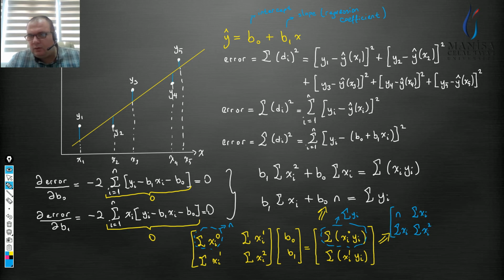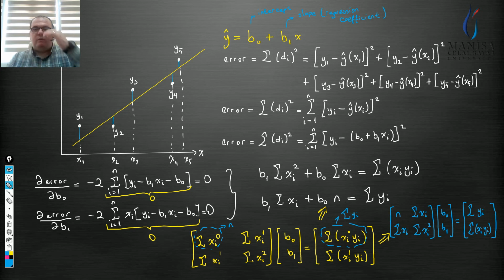This is a matrix, and this is a vector which includes our regression coefficients, and this part equals this vector. Okay, so we can find the values of b0 and b1 by just using the data points. We take the sums of the data points and find the values of b0 and b1.